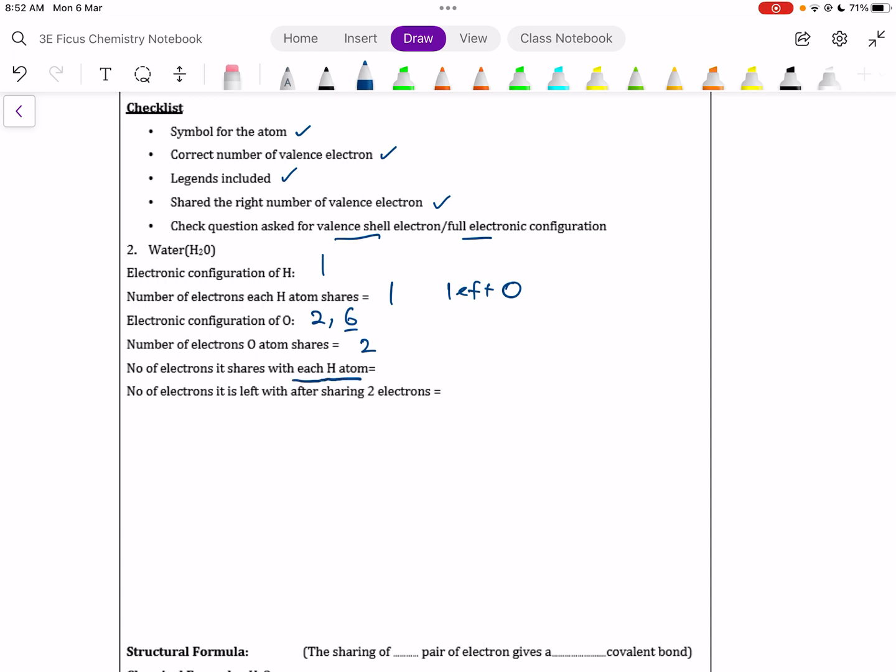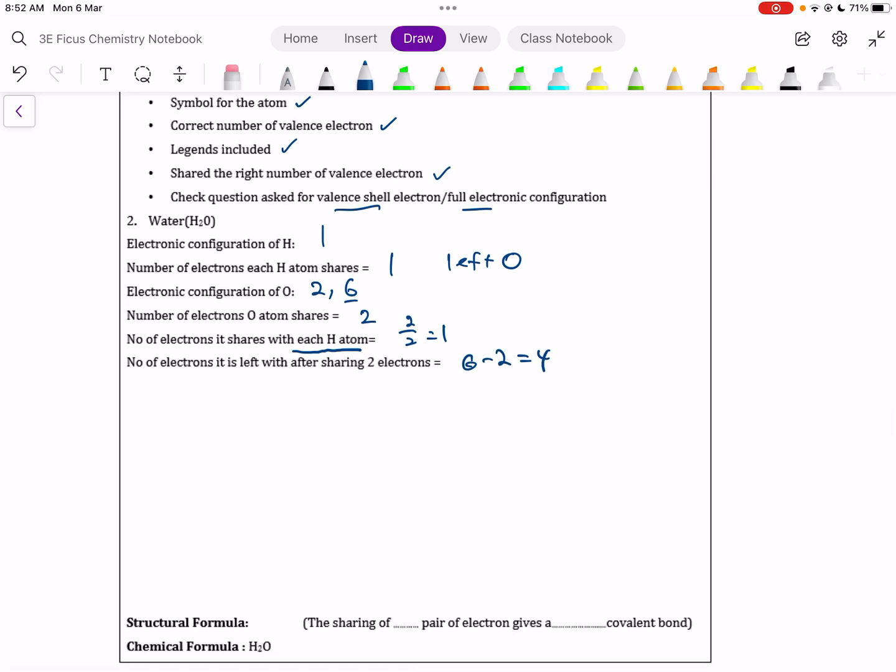I'm asking about the number of electrons it shares with each hydrogen. So 2 divided by 2, you share 1 each. So it's fair. After sharing 2, oxygen is left with 4.